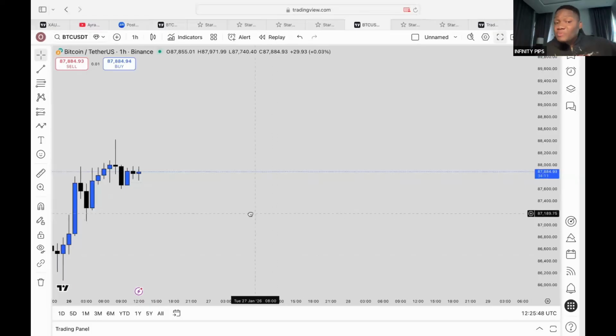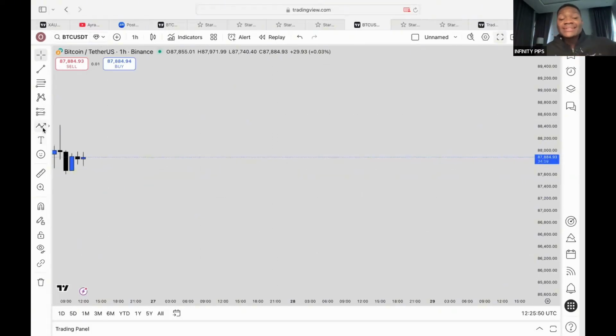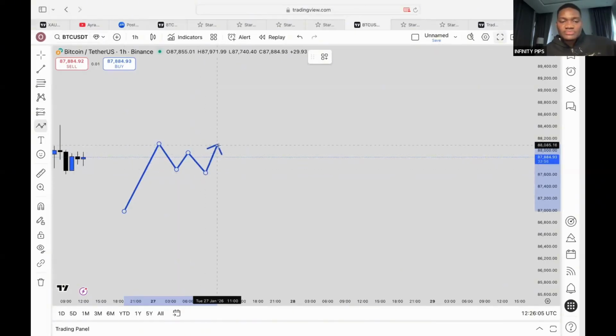But in retrospect, in actual reality, this is the way a bullish trend goes. Now it does small, small, small movements. Boom. Abi? If you look at the market, this is the way it goes most of the time.